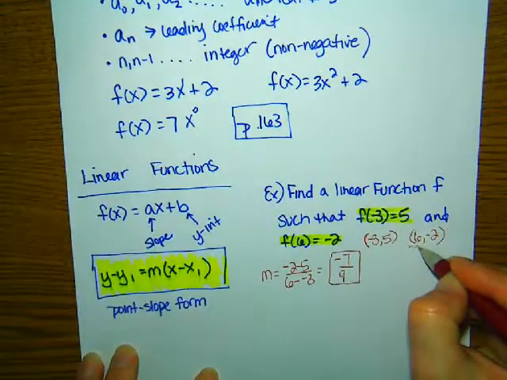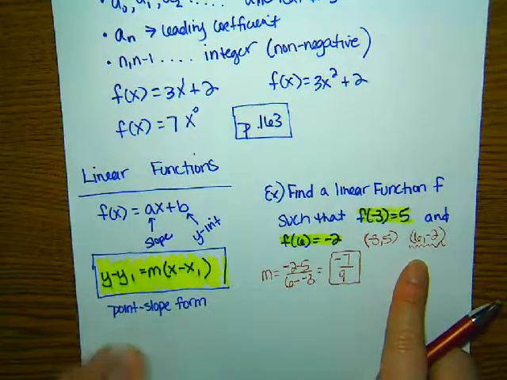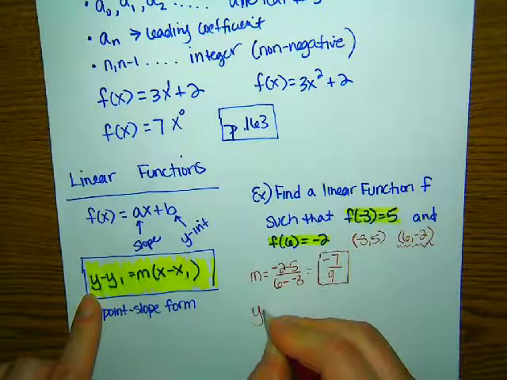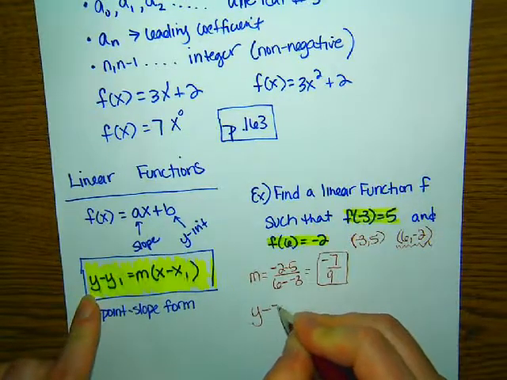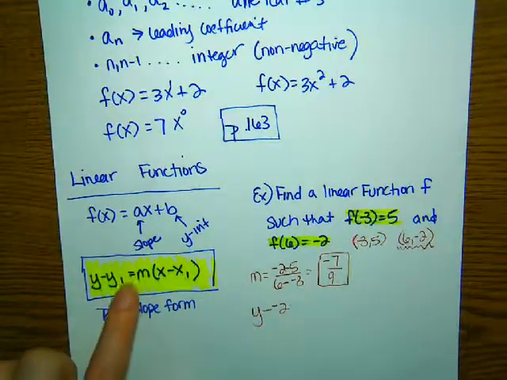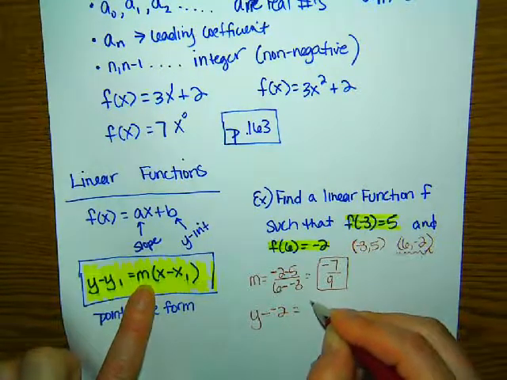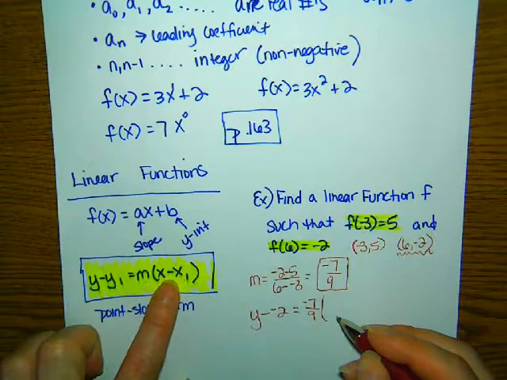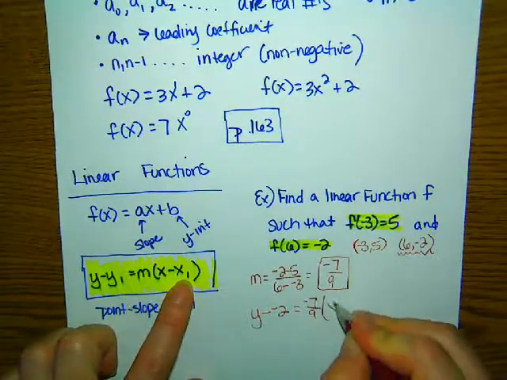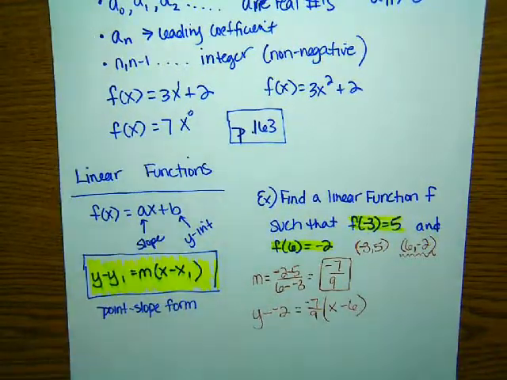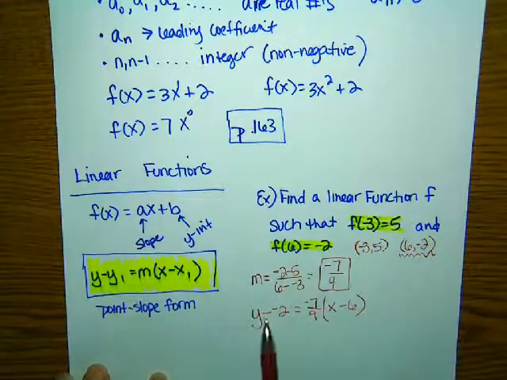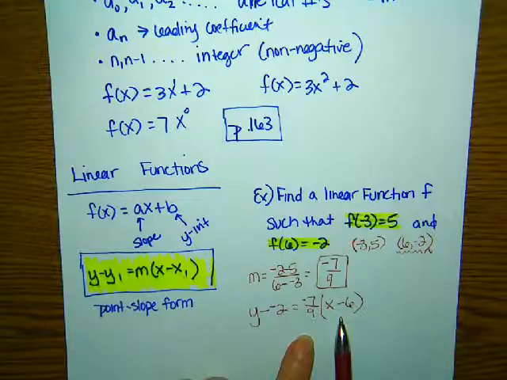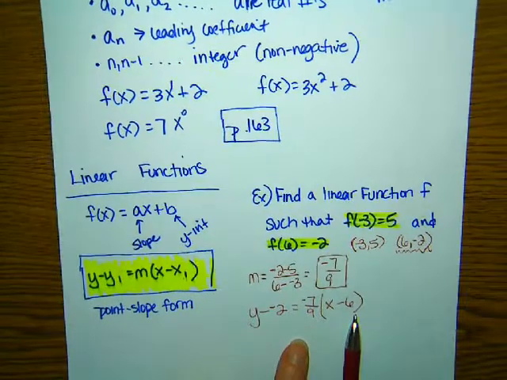So I'm going to write y minus my y coordinate, which is -2, equals slope, which is -7/9, x minus my x coordinate, x minus 6. If I would have used the other point, it would have been y minus 5 equals -7/9 x minus -3.